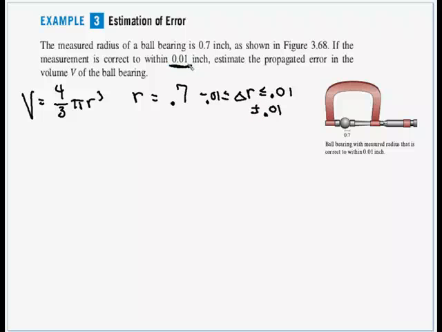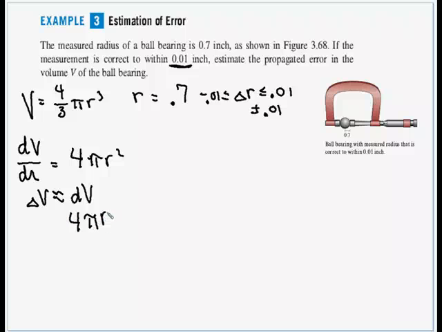To approximate the error in the volume, we're going to have to differentiate V. So the derivative of V with respect to r, dV/dr, would be 4 pi r squared. And since delta V is approximately the same as dV, we can say that this is 4 pi r squared dr.